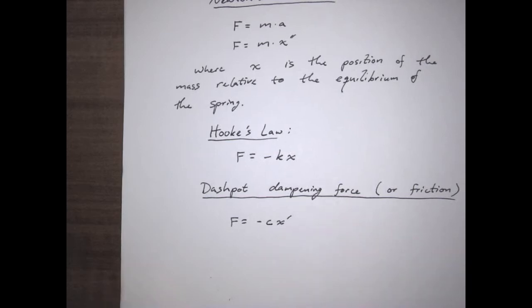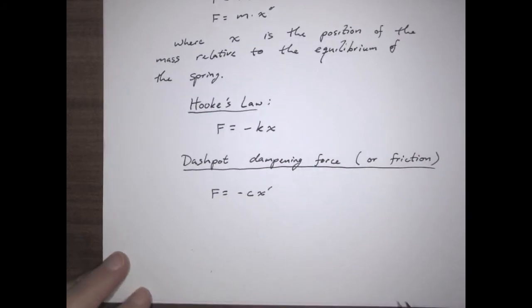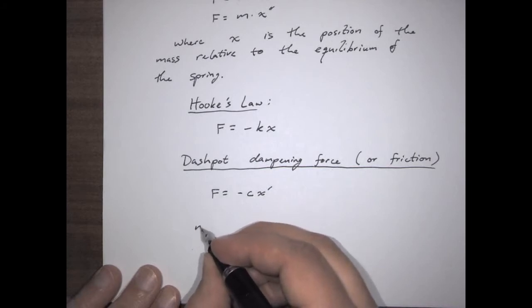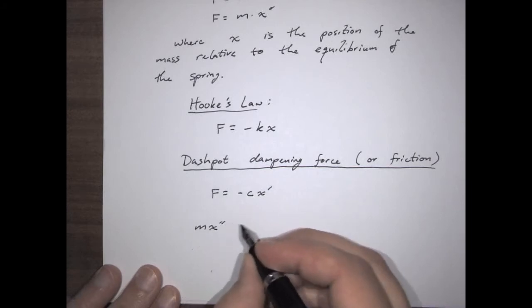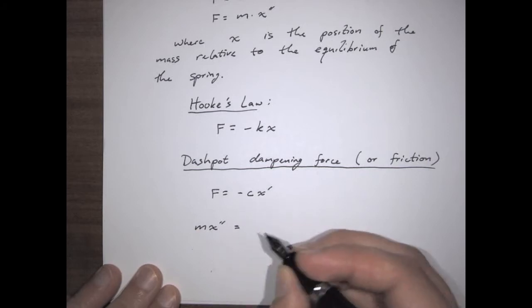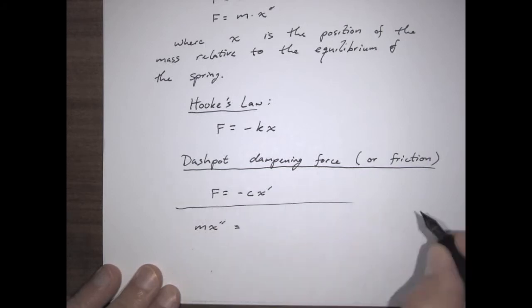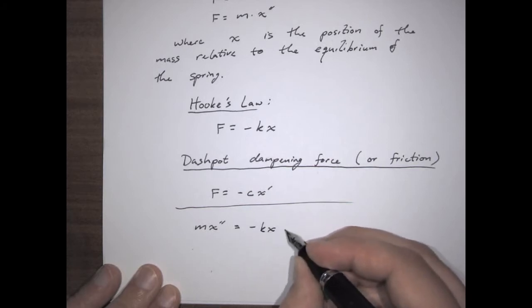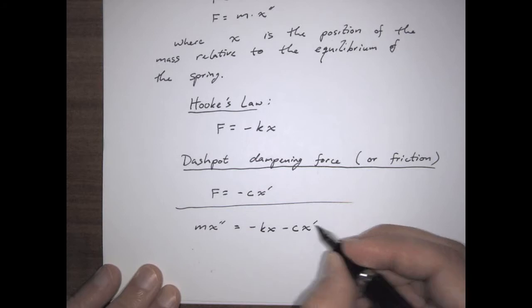And it's going to be proportional to the motion, so it's going to be like the kinetic friction is what's going on here. So putting these all together, what we'd have is mx double prime equals negative kx minus cx prime.